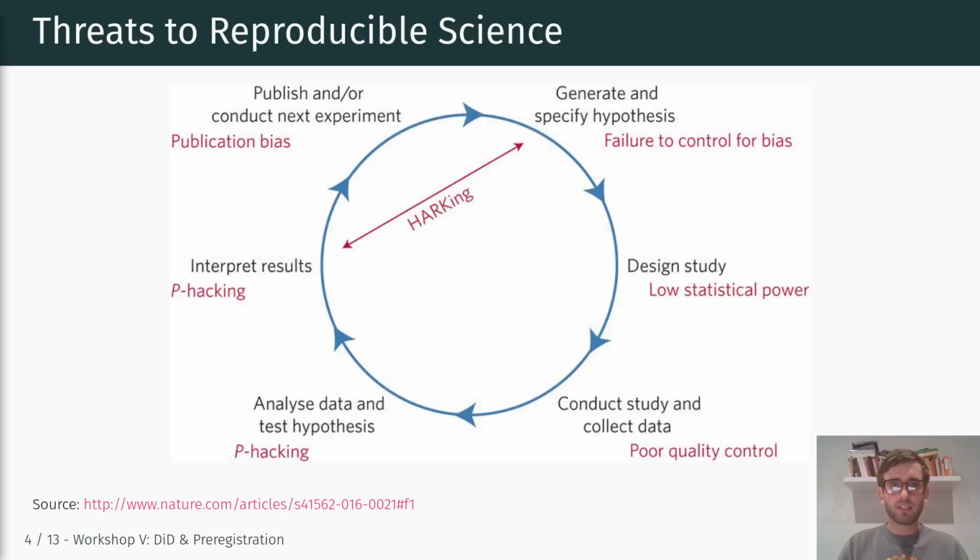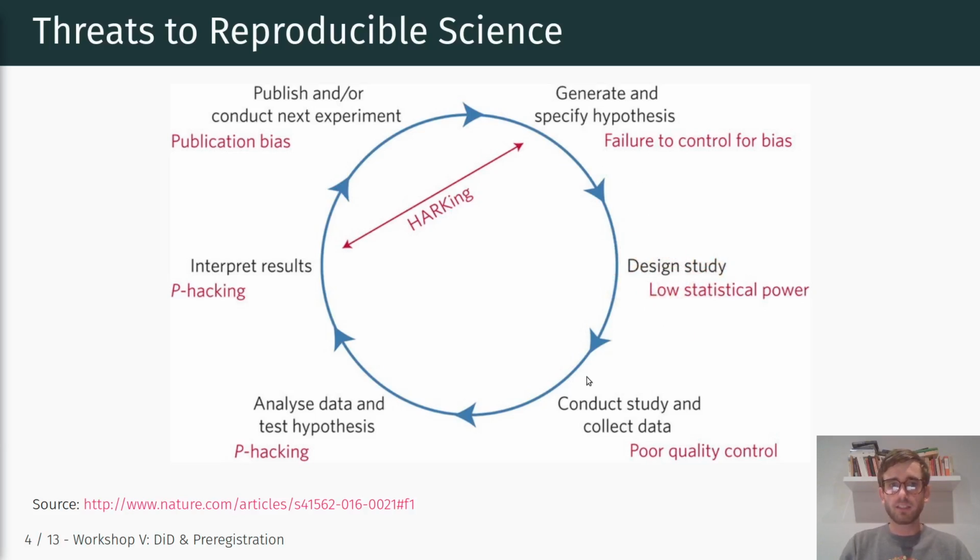In this graph, we have a schematic view of the deductive scientific method, where we can think of this as an ongoing process where we generate and specify hypotheses.